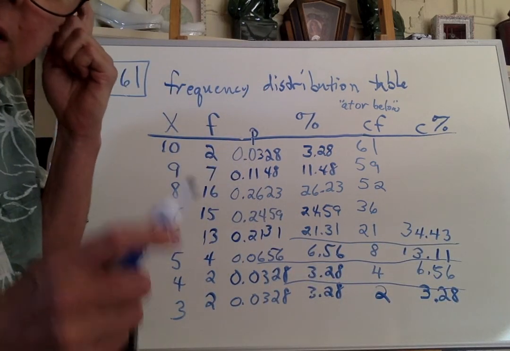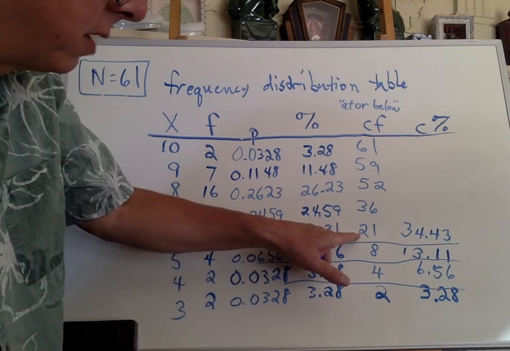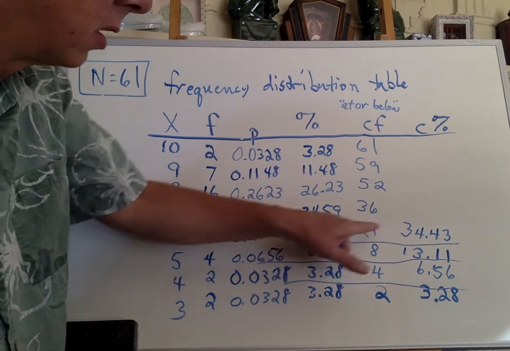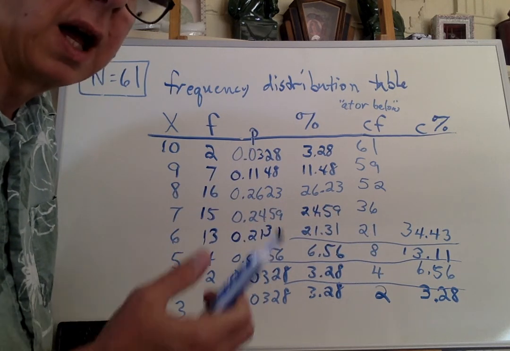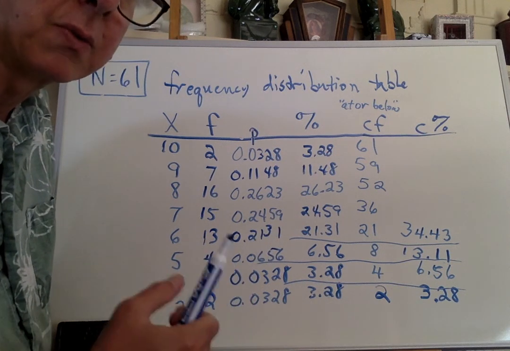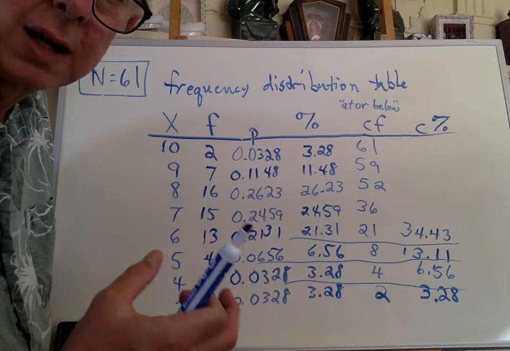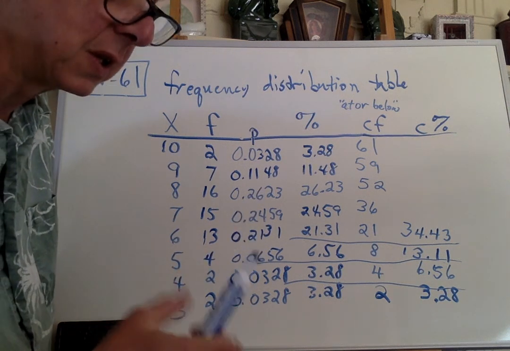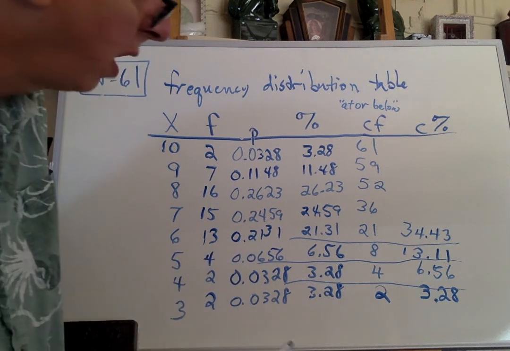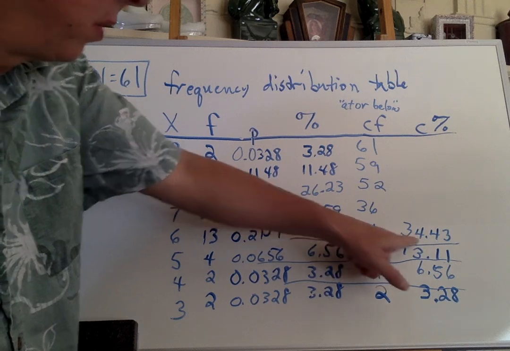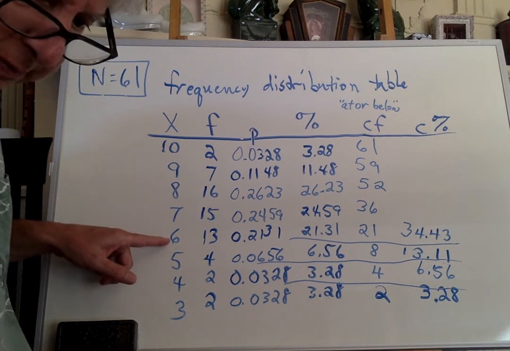Now let's remind ourselves about what these numbers mean, okay? What I'm doing here is 21 divided by 61. That's the cumulative percentage there, but what does that mean? I am going to ask you what these numbers represent, what they mean, in addition to having you do the computations. Yes, this is a challenging course, and I'm not going to apologize for that. So, what does this mean? 34.43 is our cumulative percentage when we're at a score of 6.